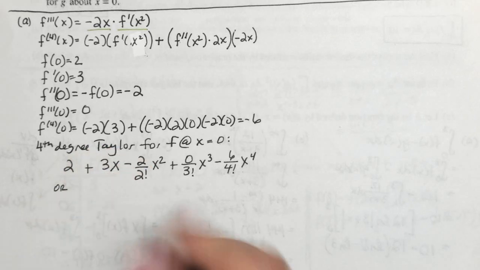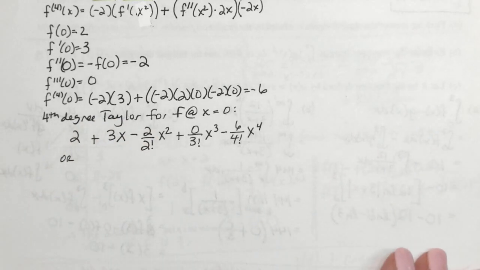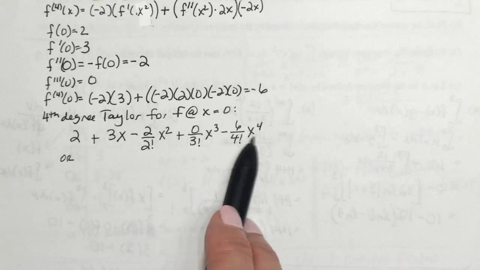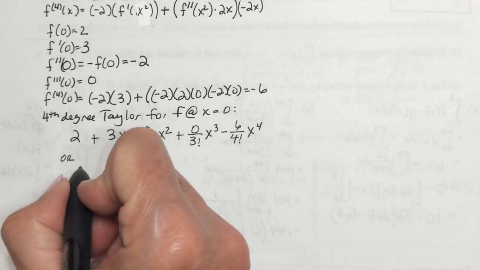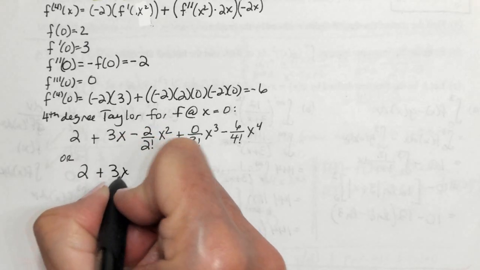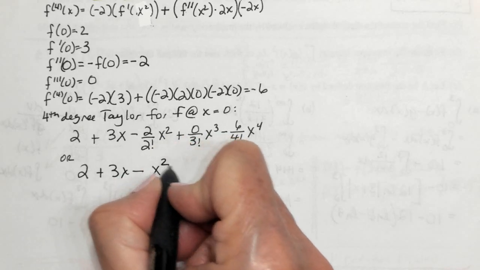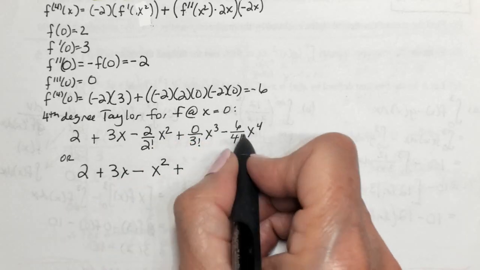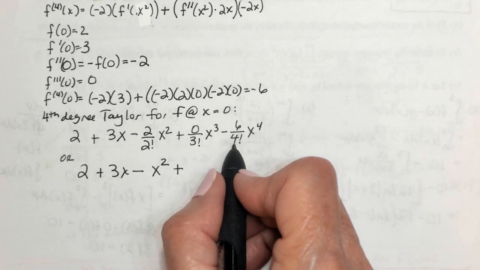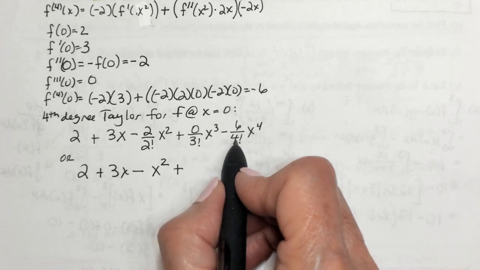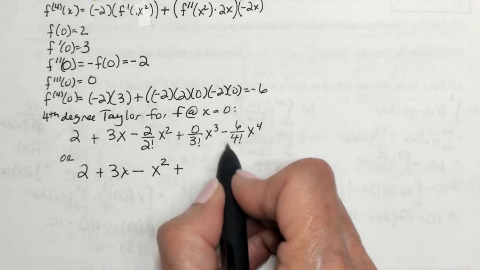Once I find f in part A, I know I'm going to be using f all throughout this problem. I am not going to leave it like this, because that's going to make it very muddy looking and it's going to confuse me later. So I'm going to write 2 plus 3x minus x squared plus 6 over 4 factorial. 4 factorial is 24, yeah?